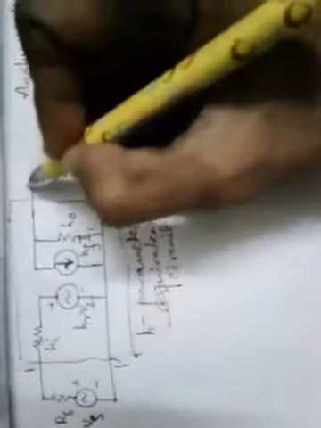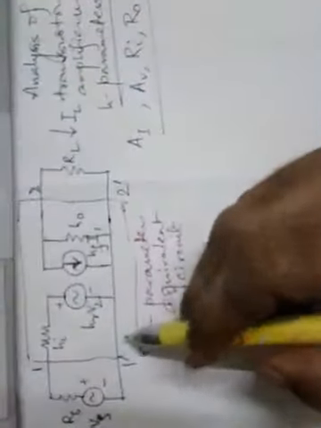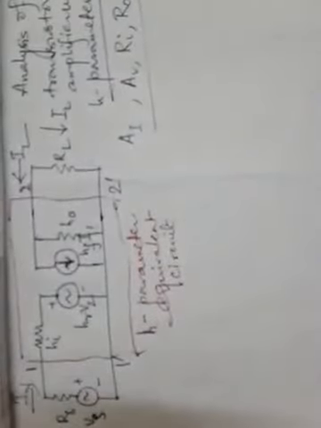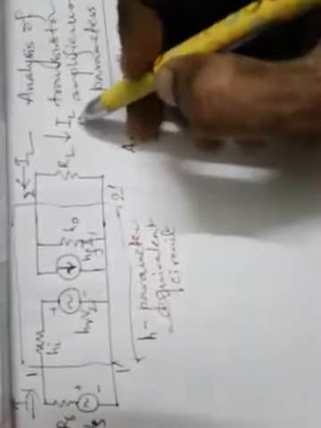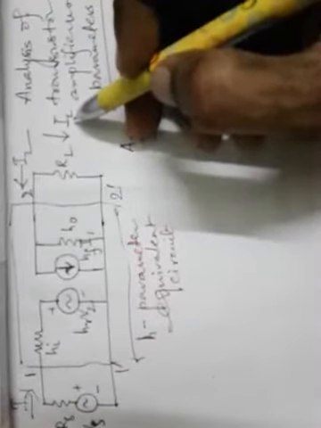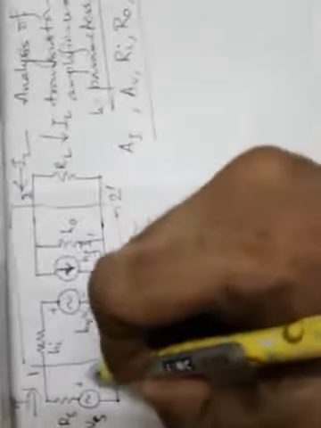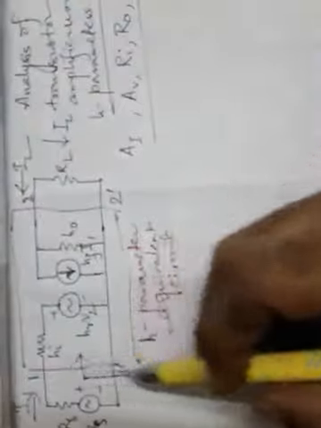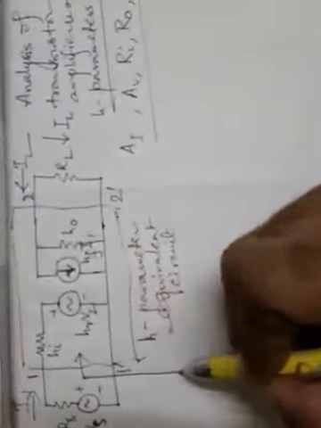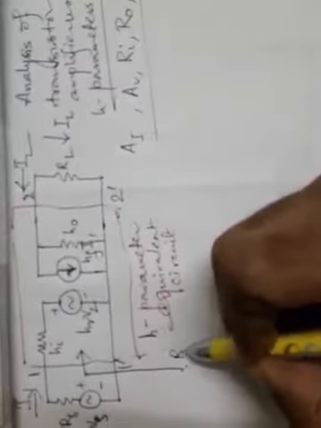In this circuit, this is the input port, this side. So this is 1 1 dash, and this is the output port, 2 2 dash. At the input port, this is current I1 flowing into it, and at the output port, current I2 is flowing into it. The load resistance, through which the current IL is flowing at the output, and at the input, if we look into the terminal from the input port 1 1 dash, we should be observing an input resistance Ri.